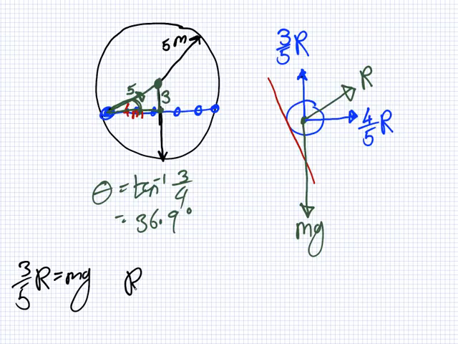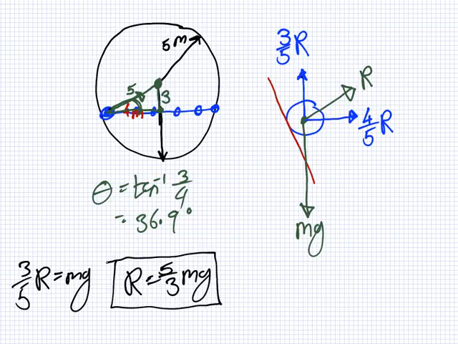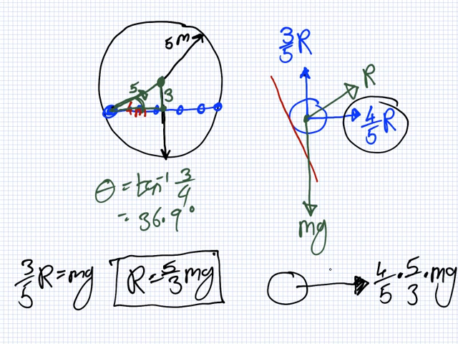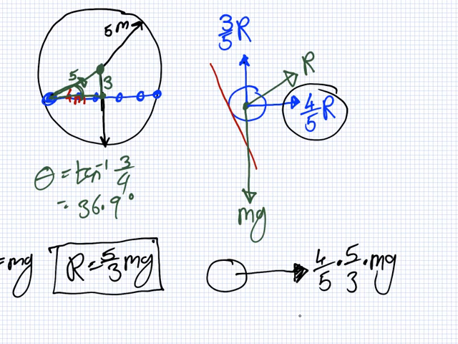So then R equals 5/3 mg. That's one useful result. So I can put that in here. And this will be 4/5 of 5/3 mg, which will be 4/3 mg.